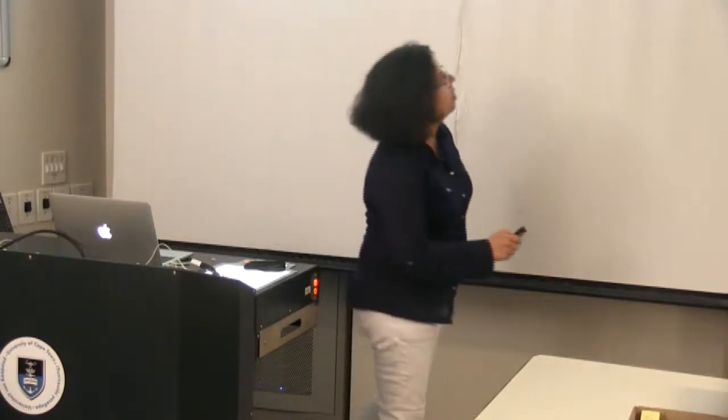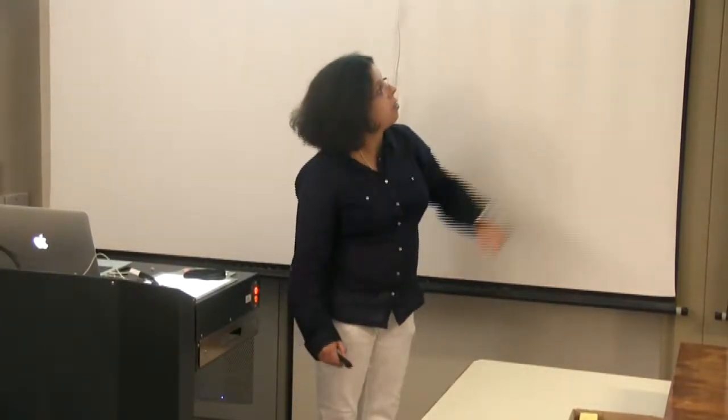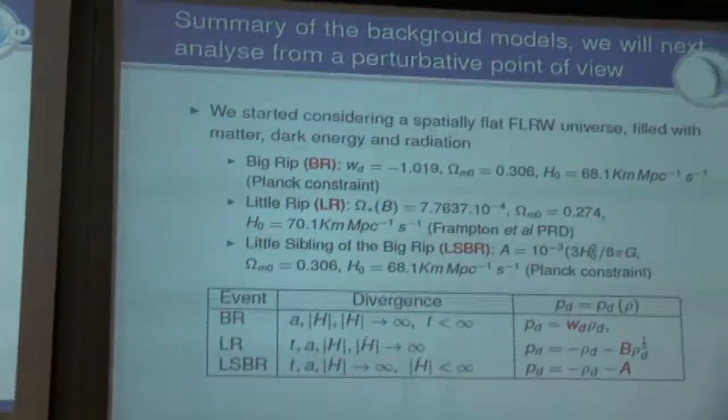Well, so what we did, essentially, is pick up three models, the simplest ones that we can think of. The big rip, so essentially dark energy combined with matter, with w constant and smaller than -1, with the value of the Planck data, so that's w=-1.013, should be not -1.